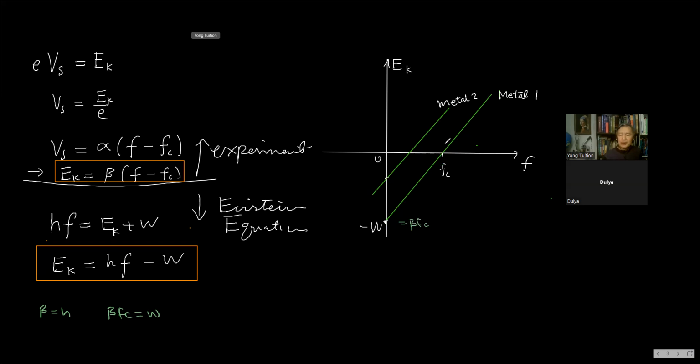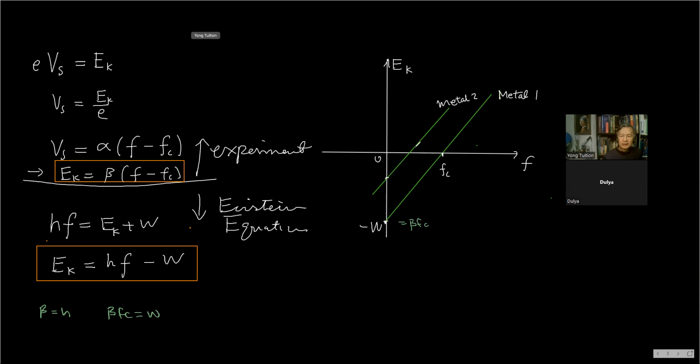So in other words, if I use this color, we can see, for example, the photoelectric effect for metal one. However, because of different colors, let's just use a red color.